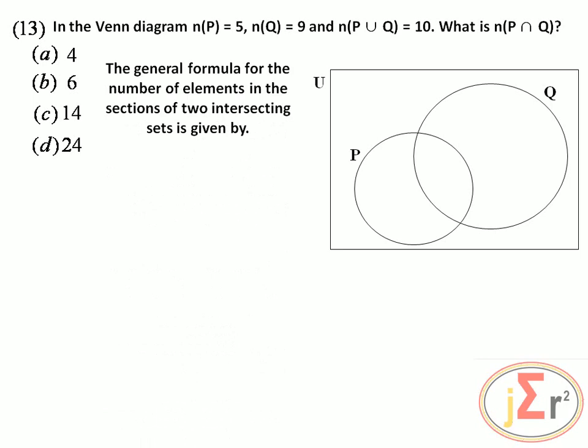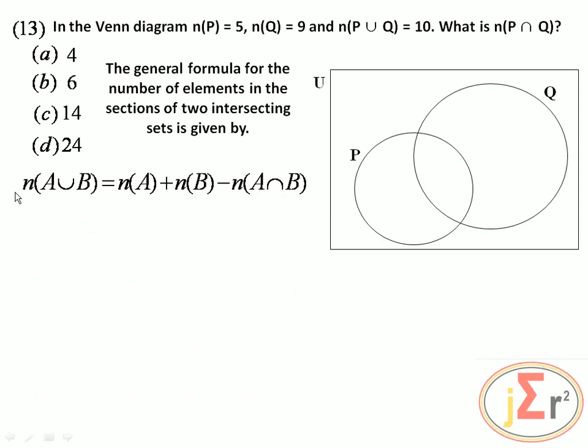The general formula for the number of elements in the sections of two intersecting sets is given by n(A union B) equals n(A) plus n(B) minus n(A intersection B).